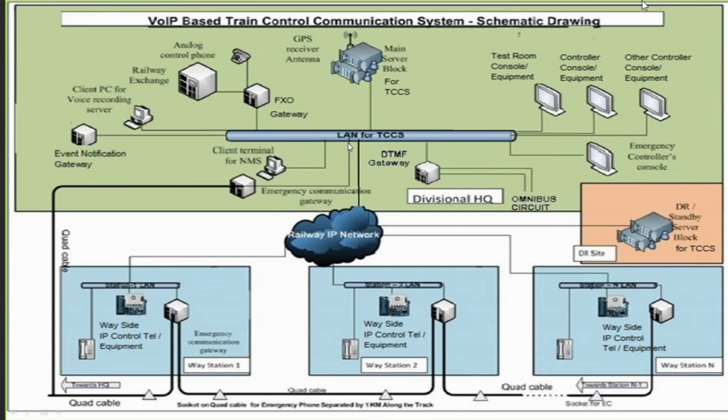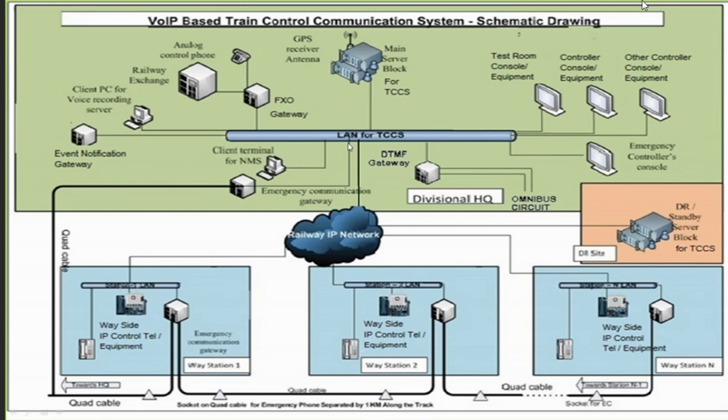Next is test room equipment. In the controller room, you will have only the main controller's console. In the test room, you will have different equipment like your IP-based console for monitoring and fault diagnostics. You will have the existing voice logger connected to the IP network through one voice logger gateway. For extending emergency communication to the cable, you will have one emergency communication gateway, as I showed in your block diagram.